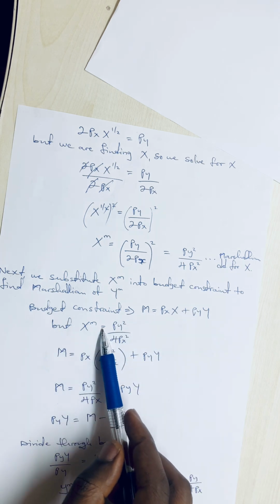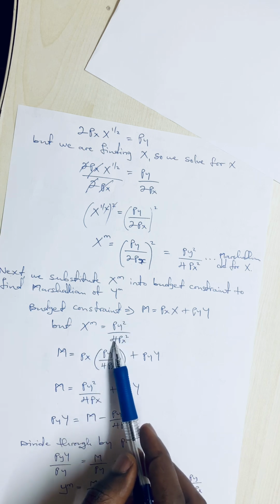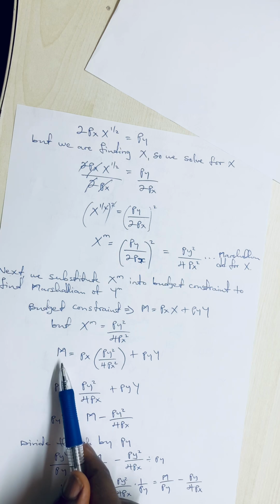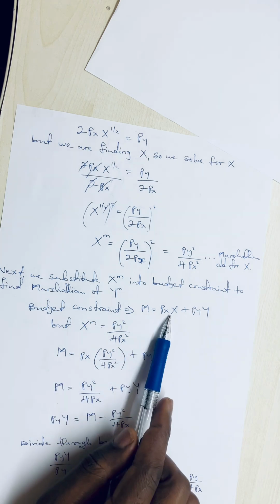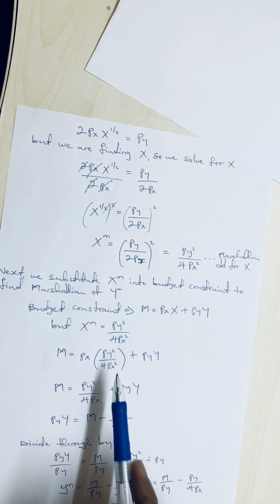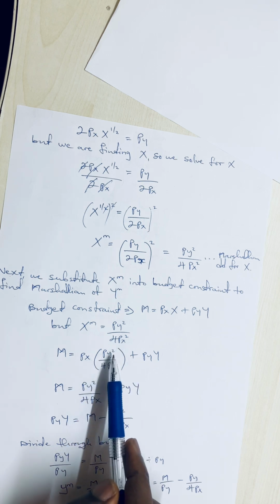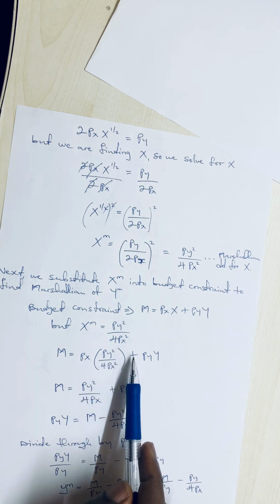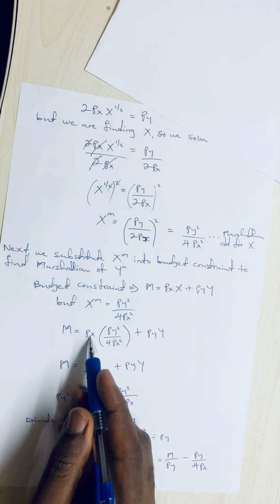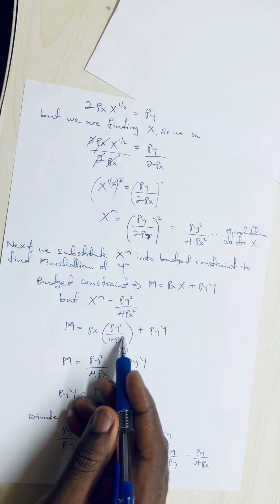But x Marshallian is py squared over 4px squared, as we derived earlier. So where you see x, you substitute this here. It gives you px times py squared over 4px squared plus py y. But this is px divided by px squared.